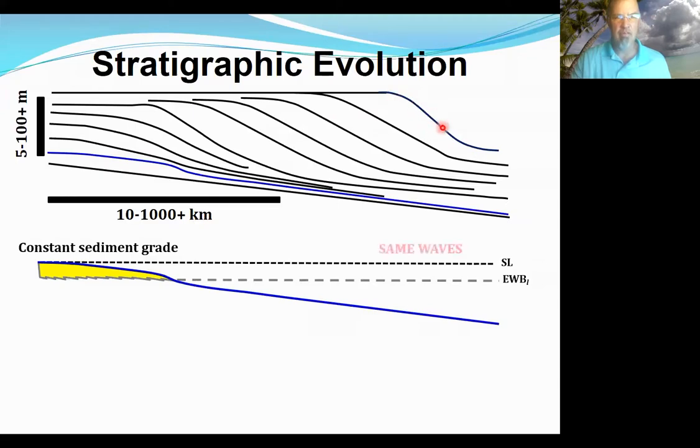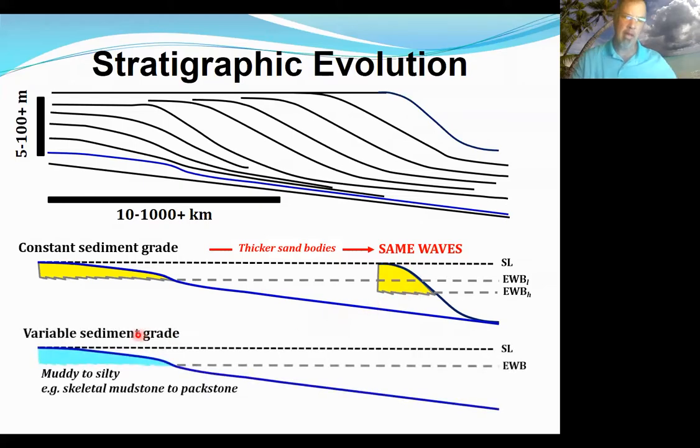But if we have the exact same waves impacting this profile and this profile, hopefully I've convinced you that we might actually get a thicker sand body because the effective wave base is deeper. Now, in carbonate world, we may or may not assume that sediment supply is constant; we may actually get variable sediment grade. We might start out with a skeletal mudstone to a packstone, but low energy in these lower parts. And what do you think is going to happen as we go over here?